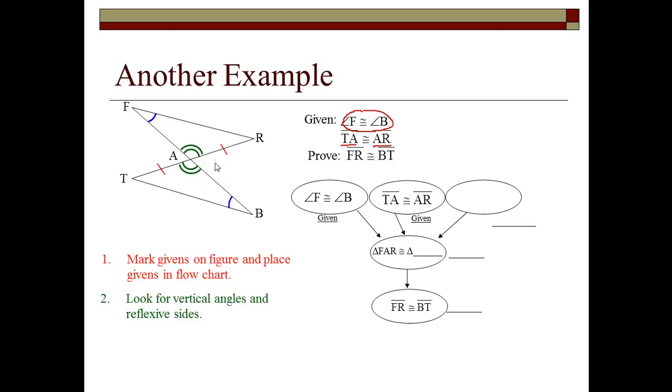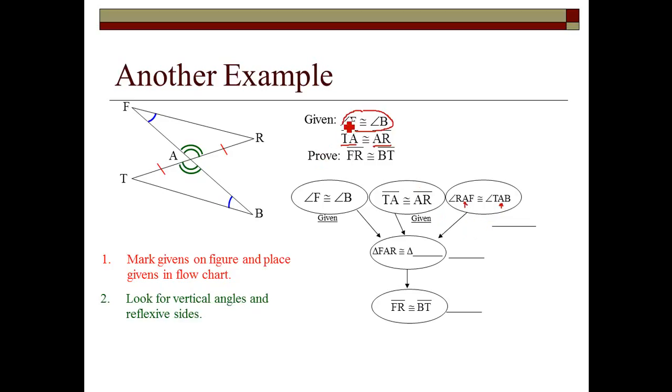So when you describe them, you could say angle RAF is congruent to angle TAB as long as you put the A in the middle. That's kind of the key thing. You got to make sure you put the A in the middle so we know which one we're working in. There's too many to say just simply angle A. I can't say angle A is congruent to angle A because I don't know what angle you're talking about if you just say A. There's lots of angles there.